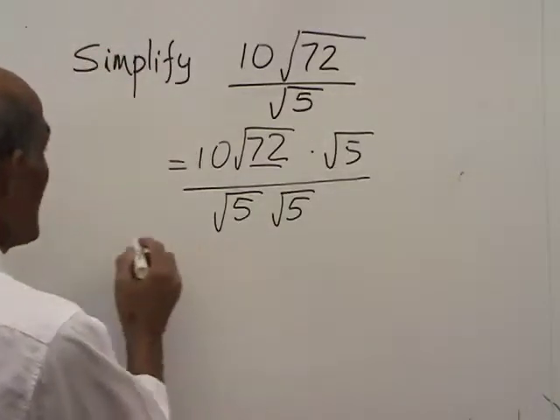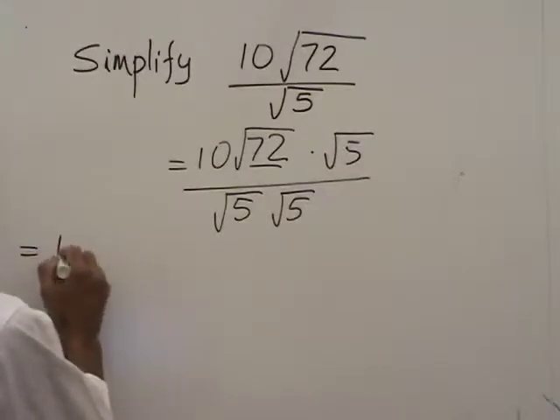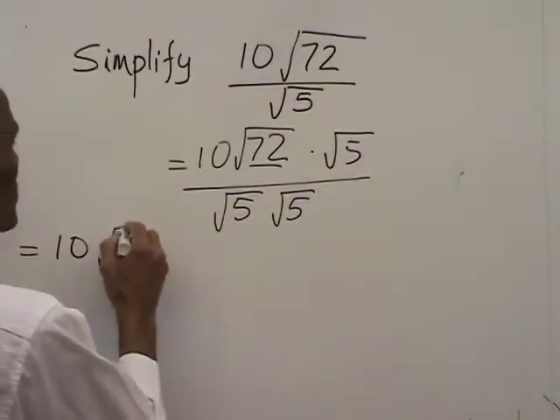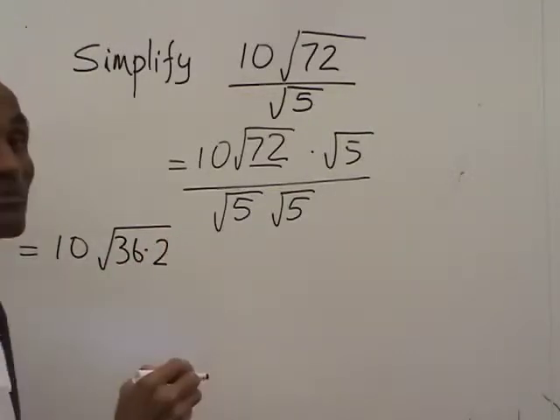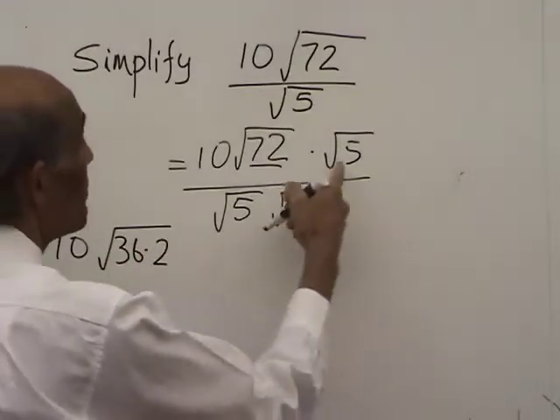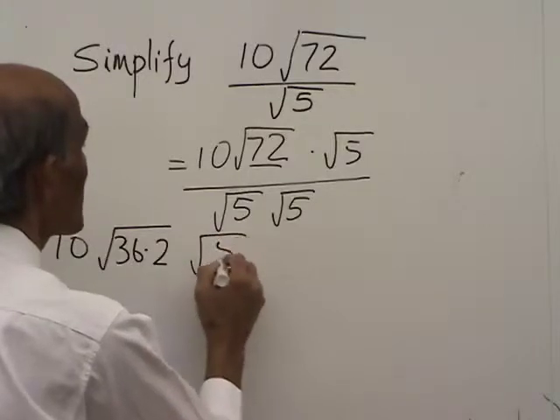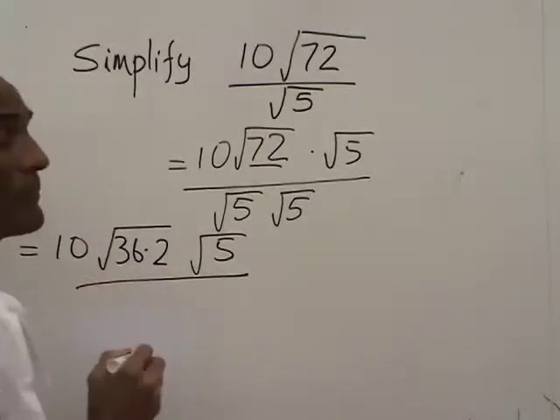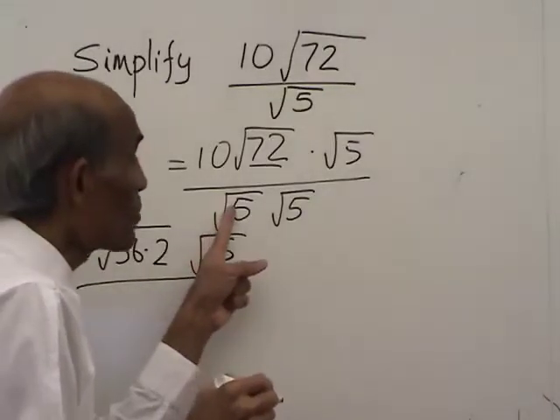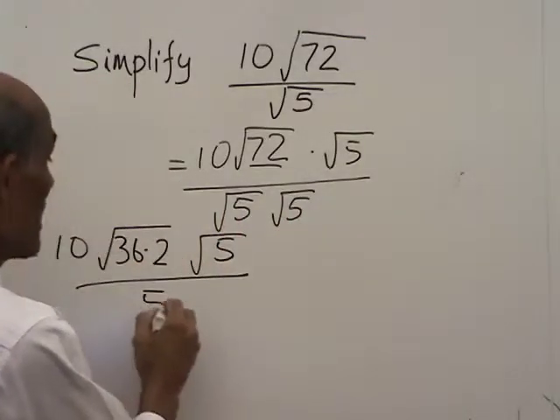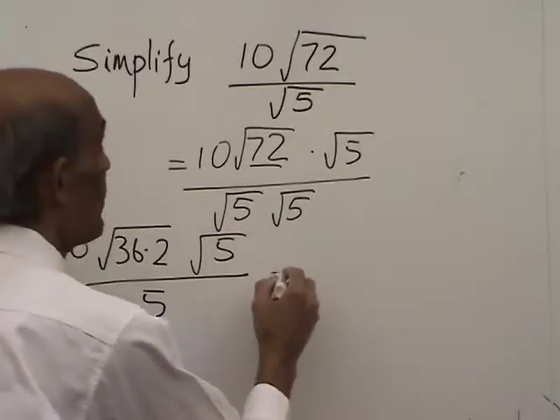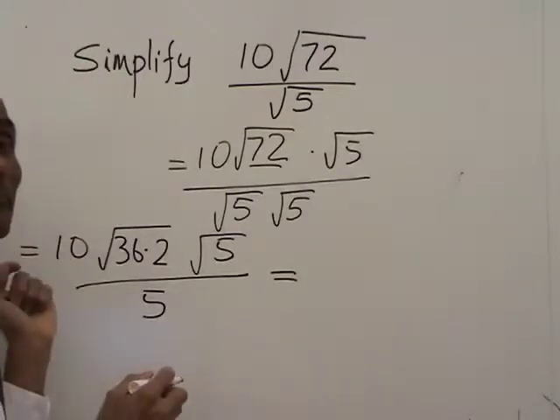So I'm going to write it as, the numerator will be now 10 times square root 72. I'm going to write 36 times 2. Now multiply that by square root 5 over, what is the denominator? Square root 5 times square root 5 is now 5.